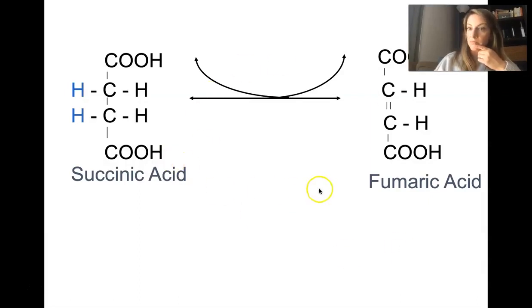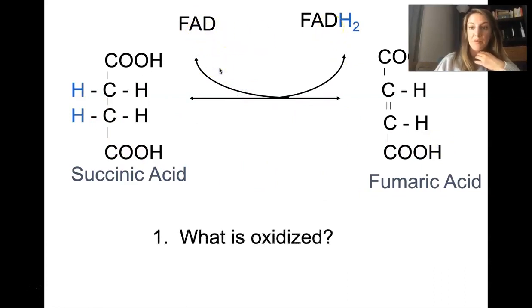Okay? So here's an example of something that happens in the Krebs cycle in cell respiration. You have succinic acid turned into fumaric acid. Okay? And what this does is that we go from FAD to FADH2. Okay? All right, let's think about this. What's oxidized here? We said we're moving stuff around, right? We're moving around these electrons. Okay, so here we go.